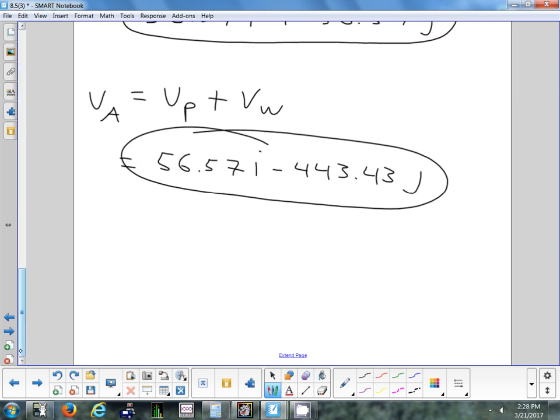So here's your vector. Find the length of it. How would I find the length of V sub A? What would be the first thing I do?